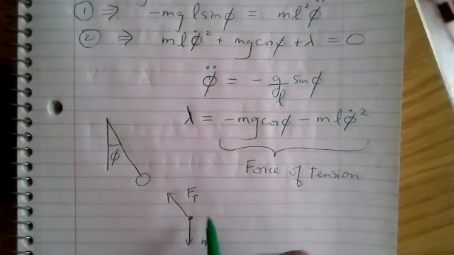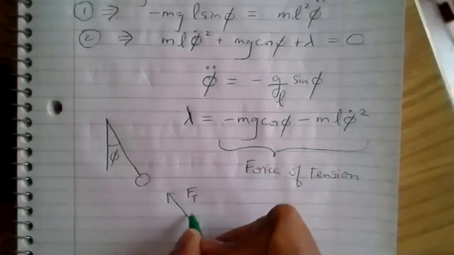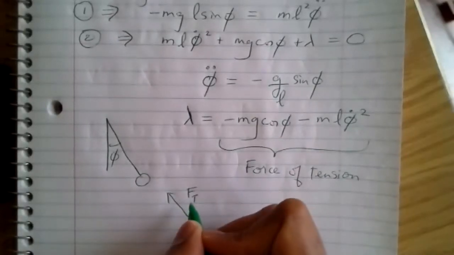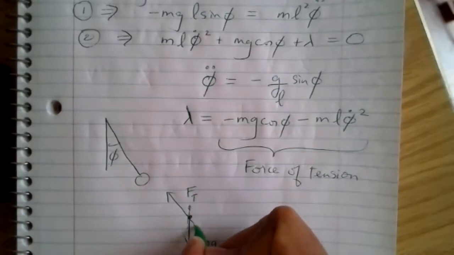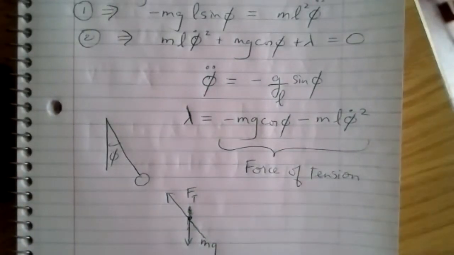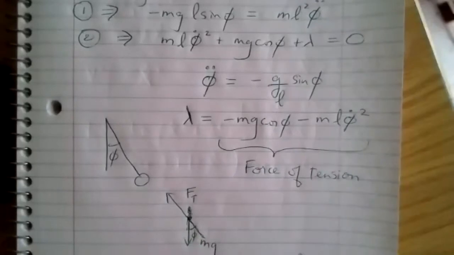And let me just mark in the angles. I'll do the angle like this. So this angle will be phi.